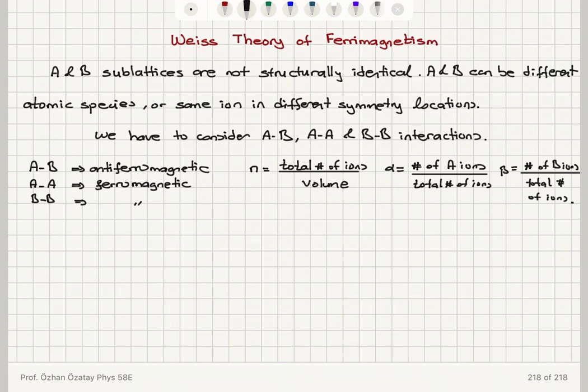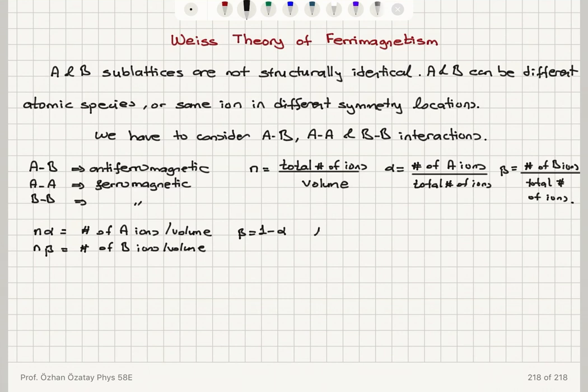So with that, N times alpha is the number of A ions per volume. If you multiply N with beta, then you have number of B ions per volume. And because alpha is the fraction of A ions and we only have A and B ions, beta is equal to 1 minus alpha.